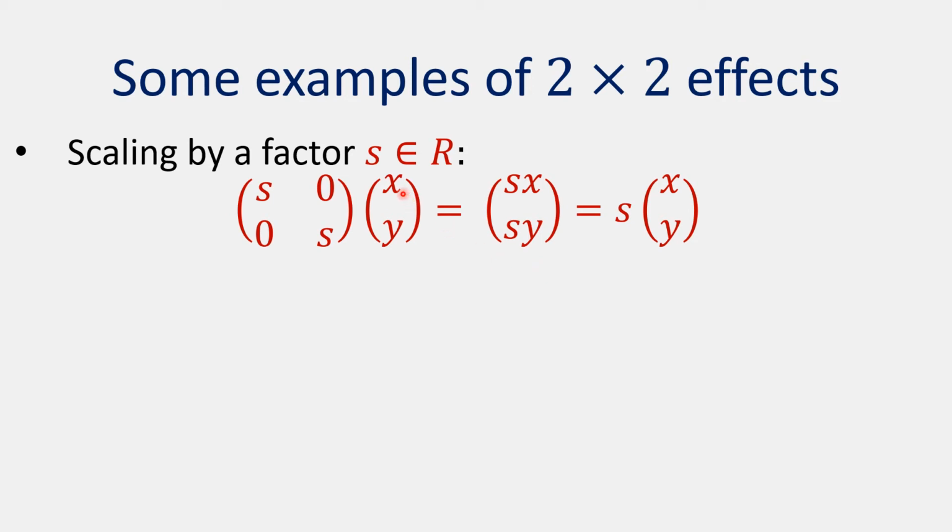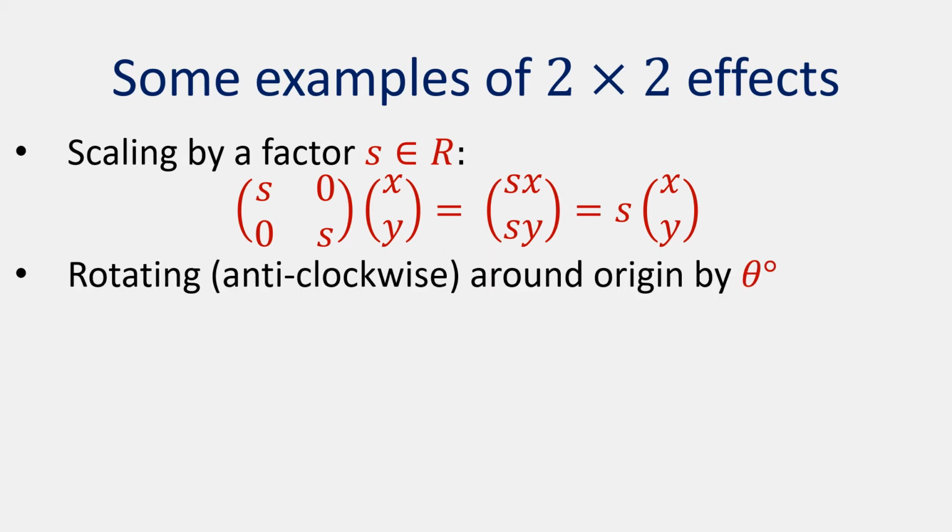We have X multiplied by S, we add to that 0 multiplied by Y, we have X multiplied by 0, we add to that the result of S multiplied by Y. So this is our coordinate outcome. Now a rather more complicated operation, but also a very common graphical effect.